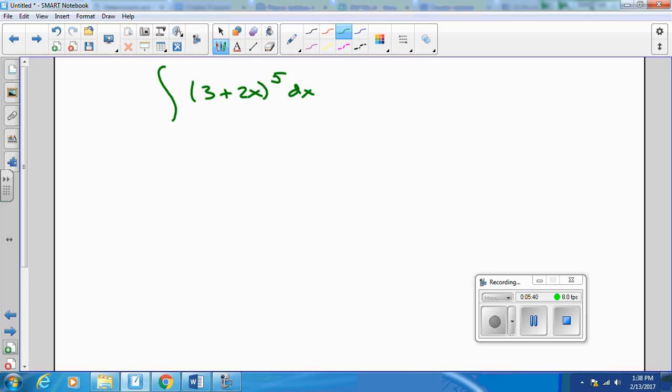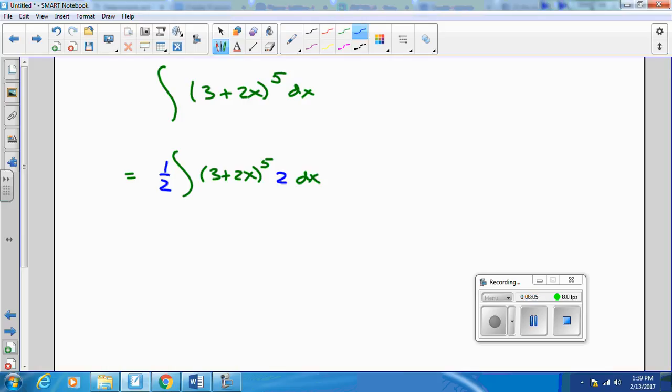Then what is du? 2 dx. It's all right there, except for the factor of 2. So I repair my integral by multiplying on the inside by 2 and on the outside by 1/2.